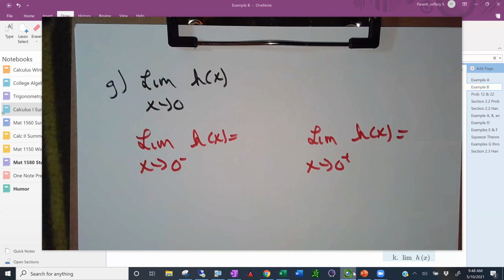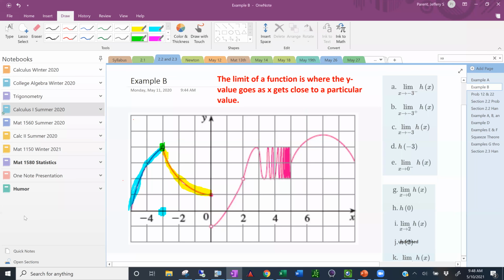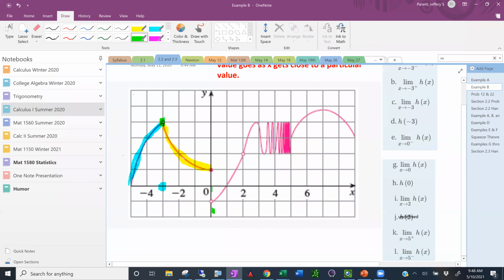So let's look back at the graph. So as we approach x equals 0 from the left, what's the function going to? What y coordinates is it going to? 1. Yeah, it's going to 1.